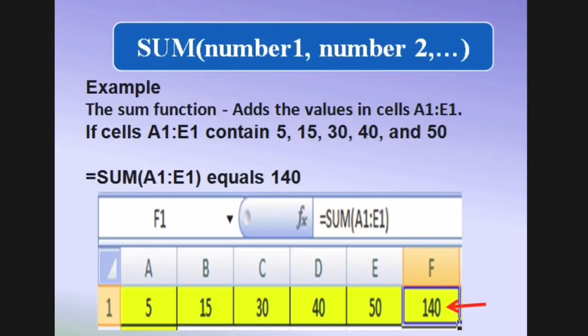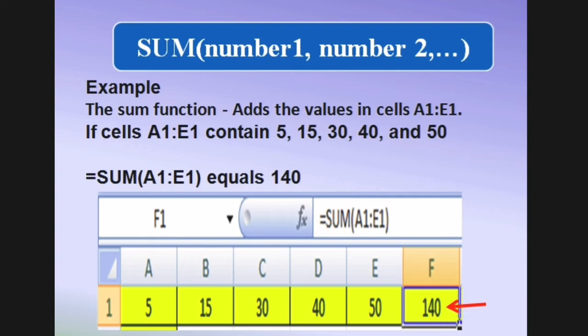So this cell range contains values like 5, 15, 30, 40, 50, and the addition of the numbers is 140. MIN function will return the smallest number in a set of values.